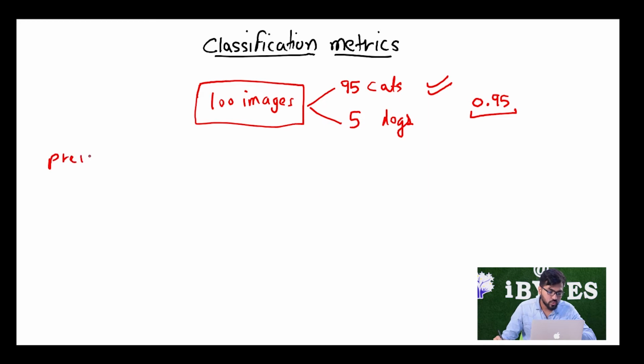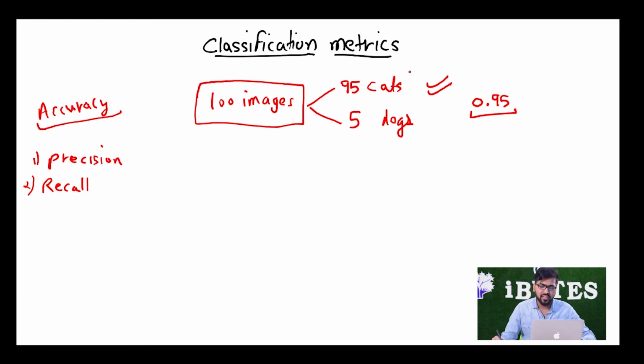Okay. Obviously, accuracy is a good measure to look at, but sometimes in such cases there is a problem. So, we should also additionally look at precision and recall. I will get back to this example later.